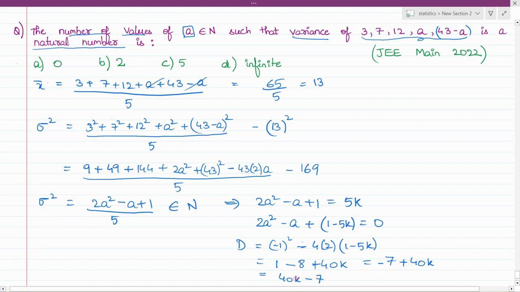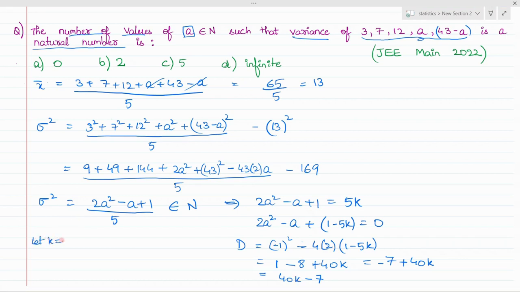Now, if you put some integers in the place of k, like let k equal to 1, then the discriminant will be 40 minus 7, which is 33, which is not a perfect square. Again, let k equal to 2. It will be 80 minus 7, that is 73.